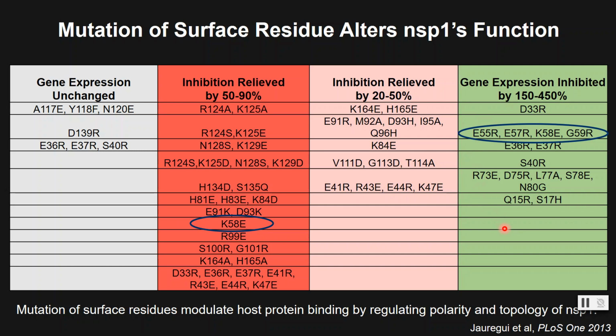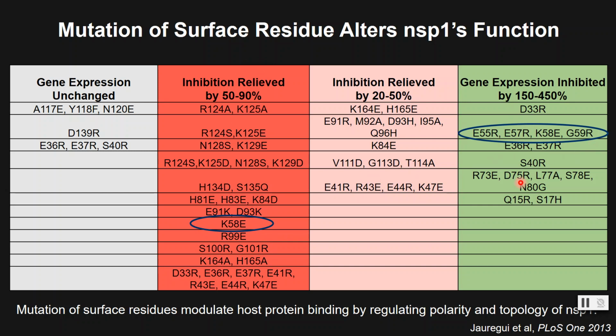We were specifically interested in certain mutations, for example, this lysine 58 mutation that inhibits NSP1's effect on gene expression. However, additional mutation around this area actually aggravates this effect.